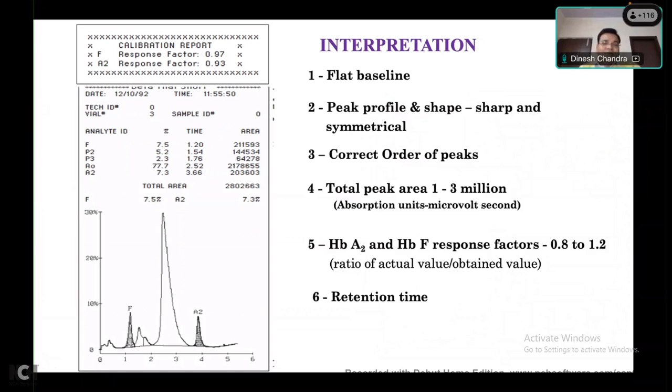So that is how an HPLC graph looks. Before interpreting any graph, we should always look at it very carefully for a few things. Whether the baselines are flat, what the retention time of your A2 is, and all the peaks.